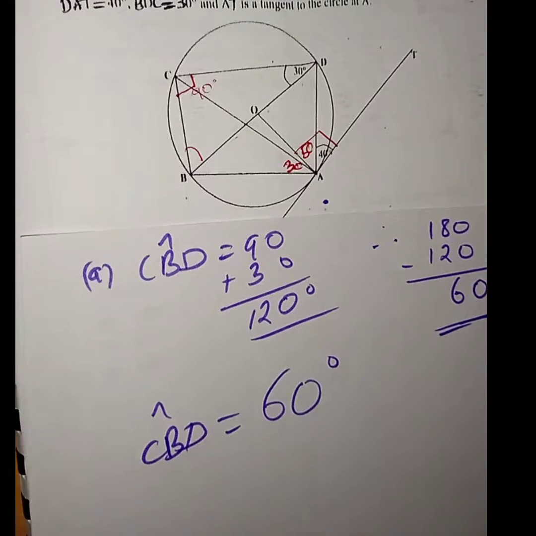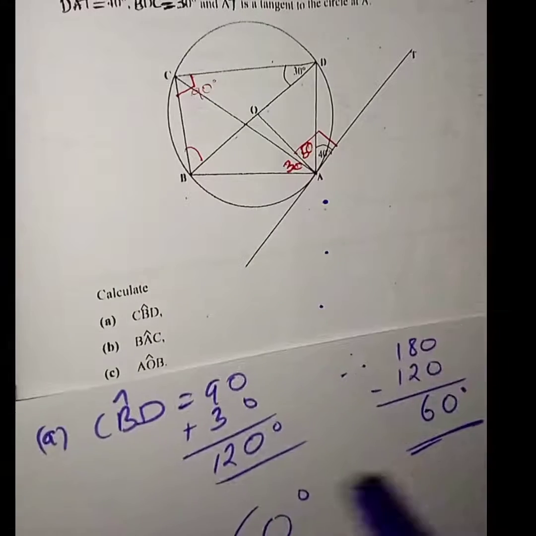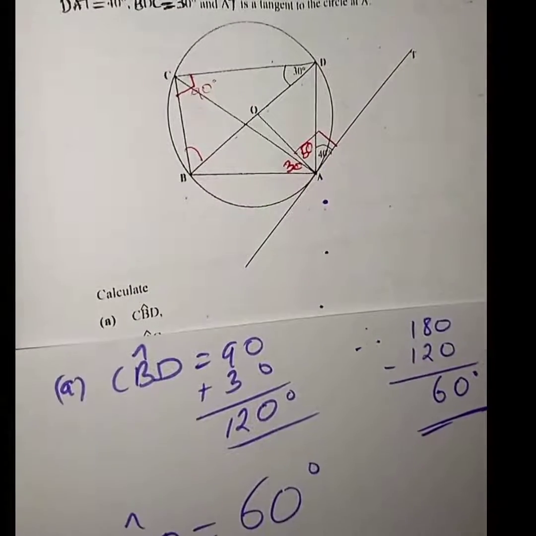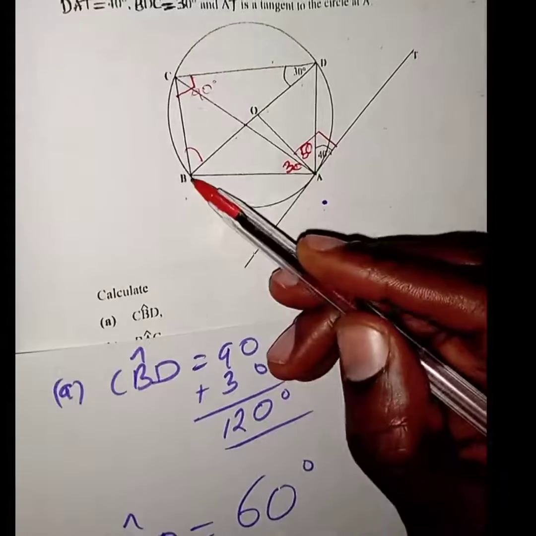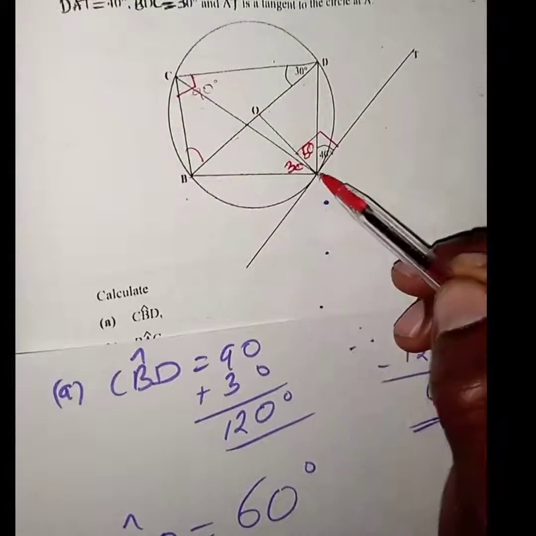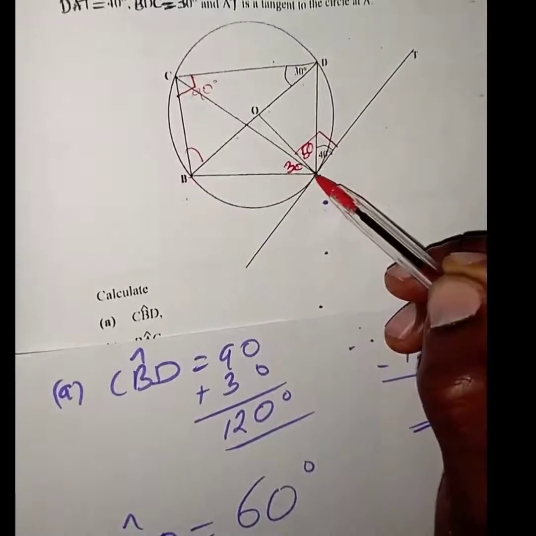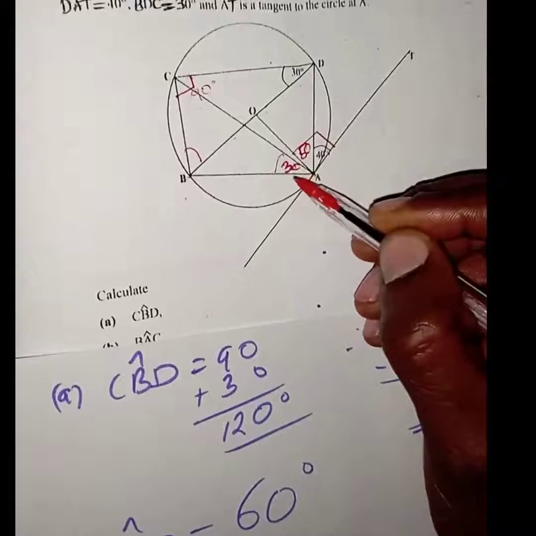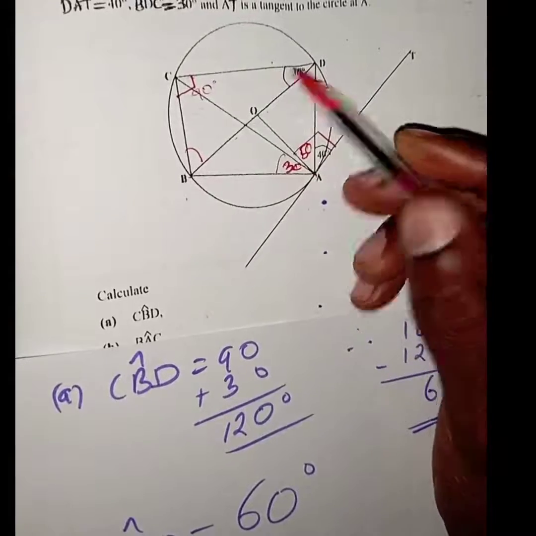So now, next, find angle BAC. BAC is 30. We already found it. BAC is 30 degrees because this angle lies in the same segment with this 30.